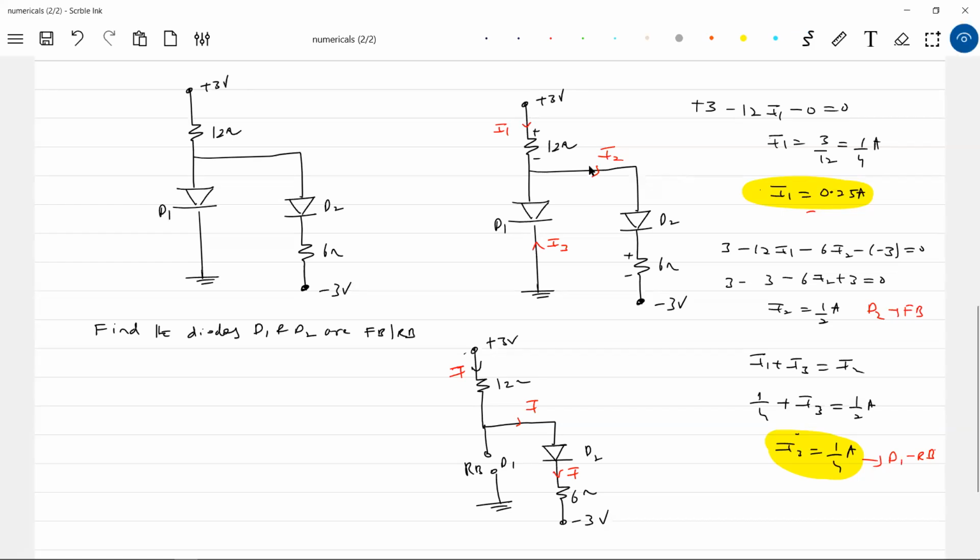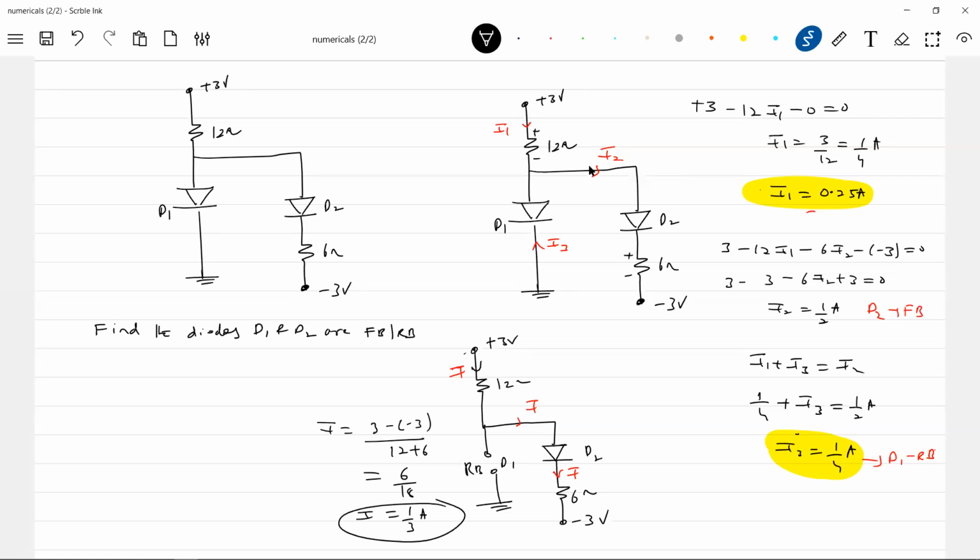Because if you go for the first approximation, practically what will happen? Even in reverse bias a current will flow, and that current we are calling negative. Practically it will be like an open circuit. So this will be the actual circuit. So what is I equal to? I is 3 minus of minus 3, that is 6 by 18, 1 by 3 ampere. This is the reading of your ammeter.